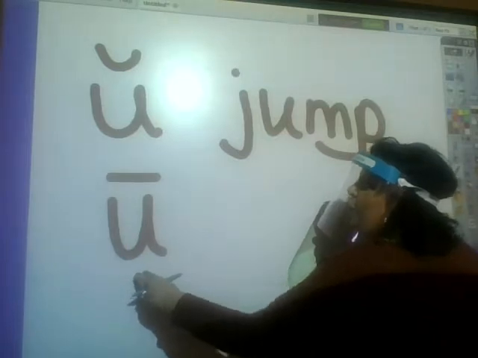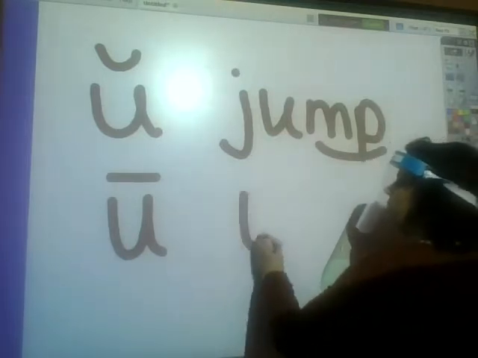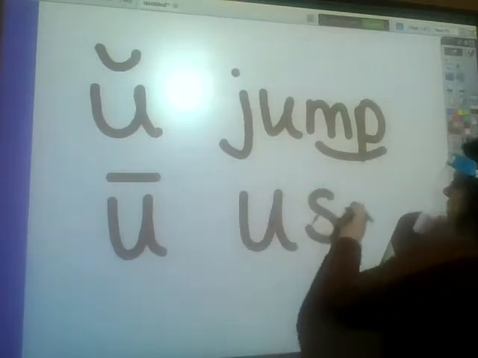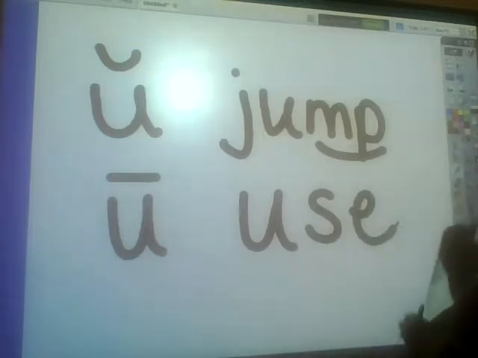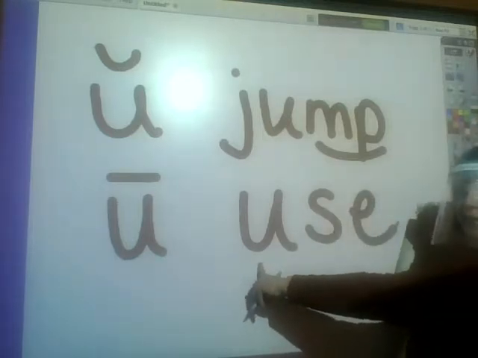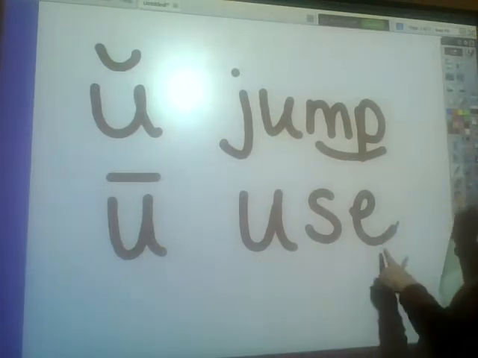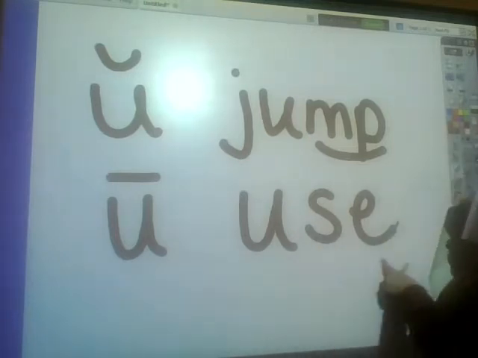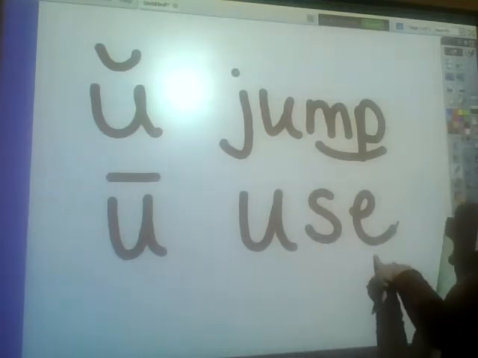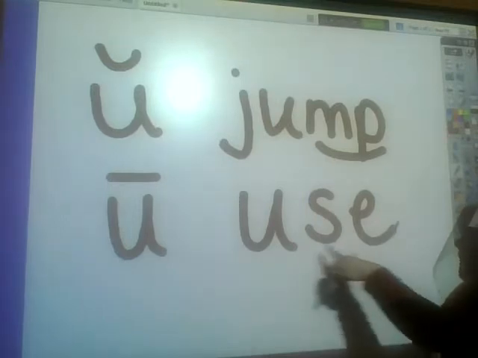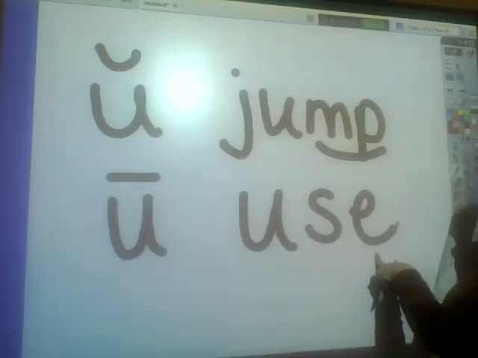Now let's look at this long U sound, like the word use. Here's our beginning vowel sound, and we know it's going to say its name because it ends with this E at the end of the word, use. Now, do we say this E at the end of the word? Nope, we don't say use-eh, do we?